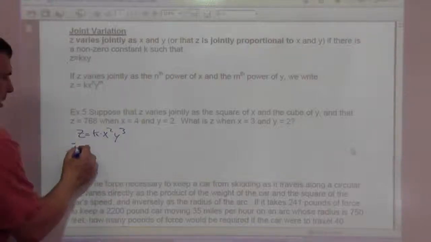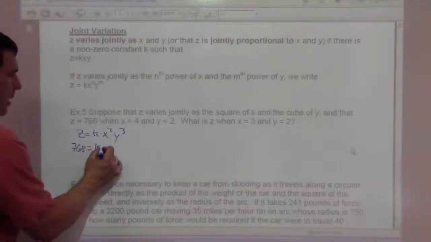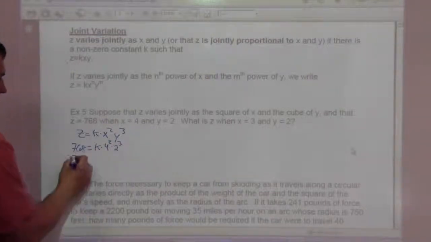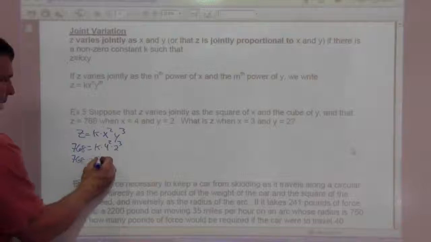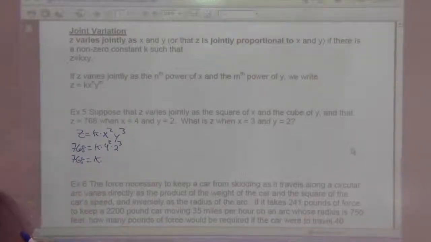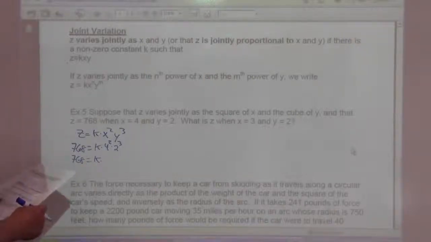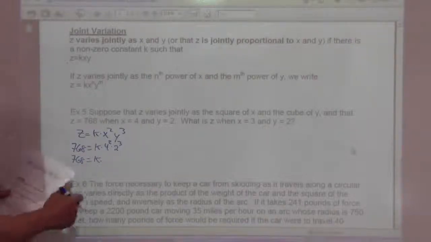So 768 equals k times 4 squared times 2 cubed. So 768 equals k times, that's 16 times 8. Is that 128? It is 128.